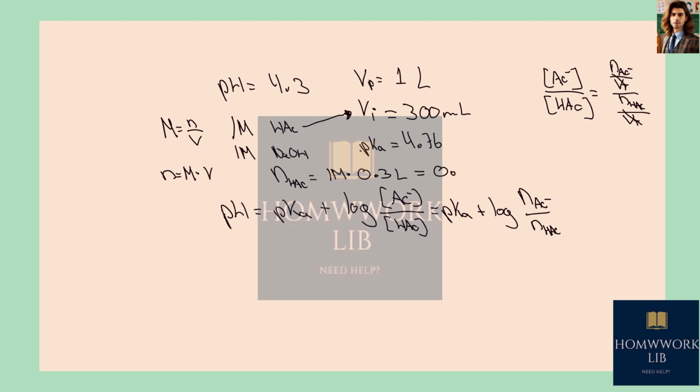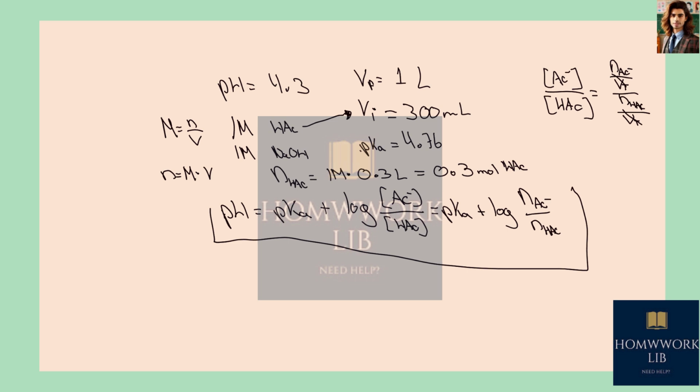So I have exactly 0.3 moles of acetic acid in my solution. Thus, the only thing that I want to know is the amount of moles of Ac minus that I need to add. The way to do it is using this equation.